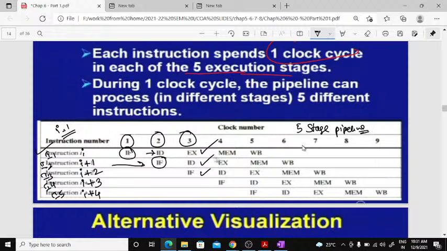you can observe that a 5-stage pipeline takes 5 clock cycles to execute one instruction.